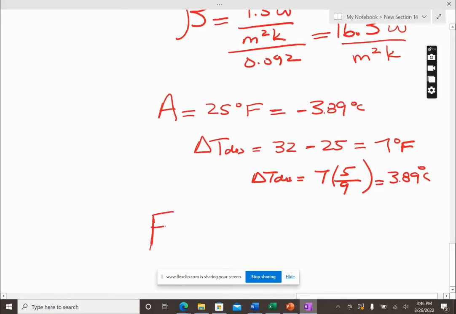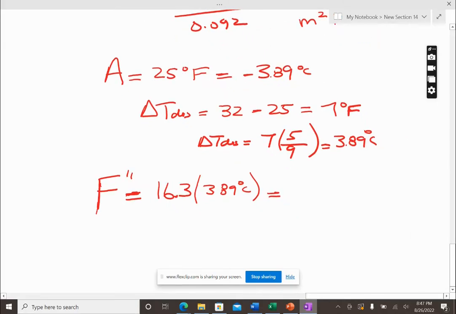So we get F double prime equals 16.3 times 3.89. And of course, let's solve it. Hold on. Handy dandy calculator.